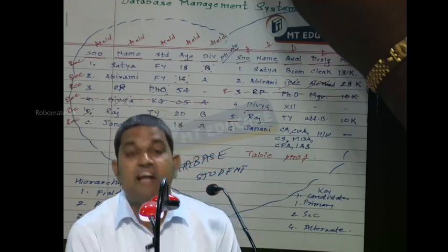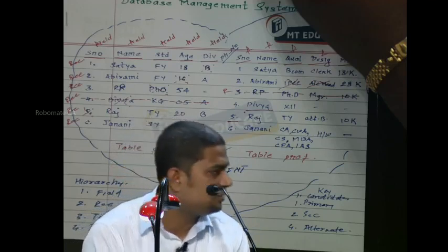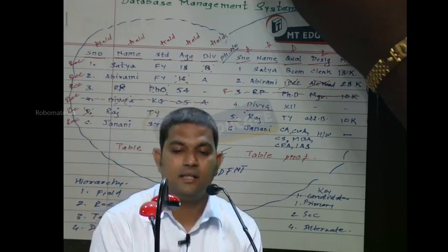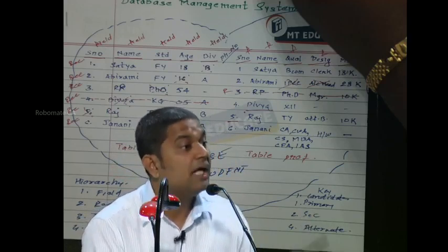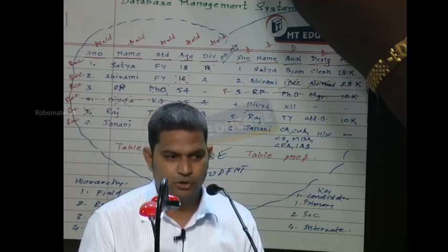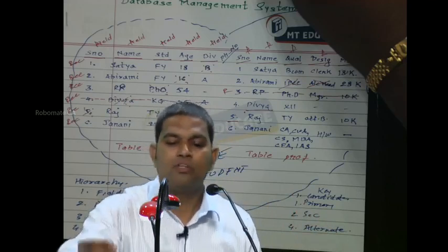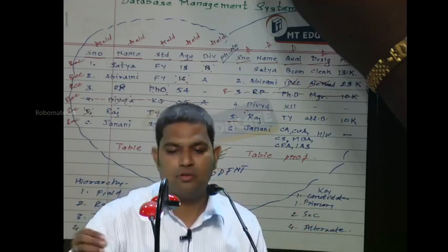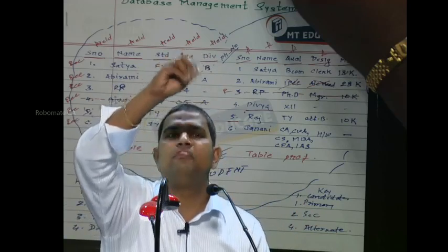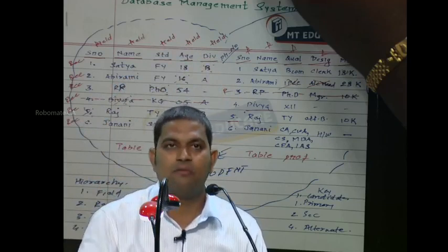Then, what are the various advantages of database management systems? Number one is minimizing the data redundancy. Data redundancy refers to repetition of the data. Suppose I am asking him, hey, what's your name, roll number? I'll type it. Suppose after a few months, I am asking again, Satya, what's your name?